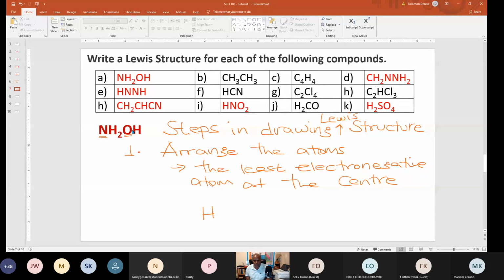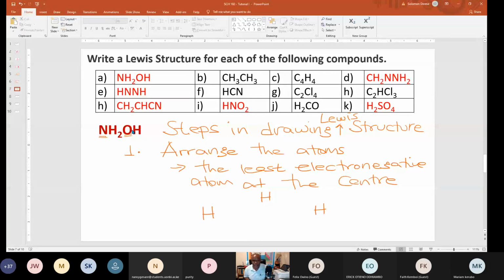I can put another hydrogen here and another hydrogen here. Not at the center. And then we have either nitrogen or oxygen being at the very center of the whole thing, the element that is most surrounded by others. And we'll use these facts. The least electronegative atom should be at the center.